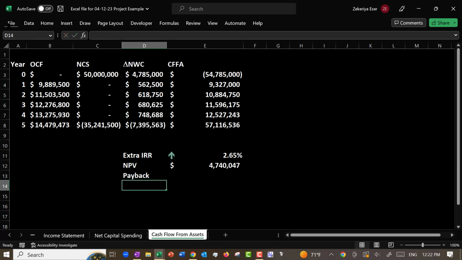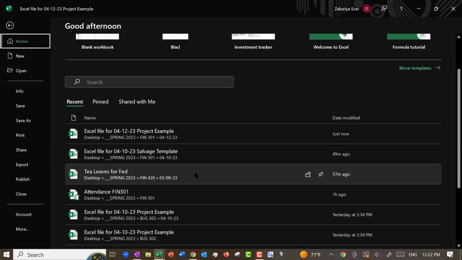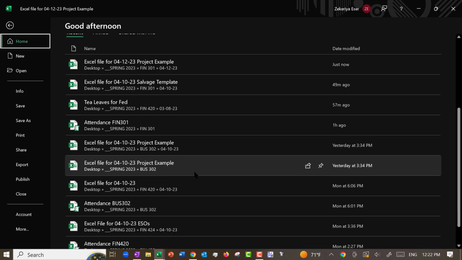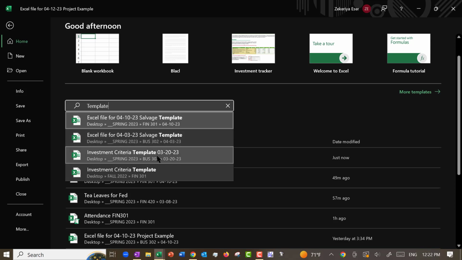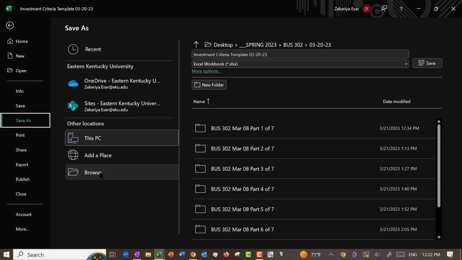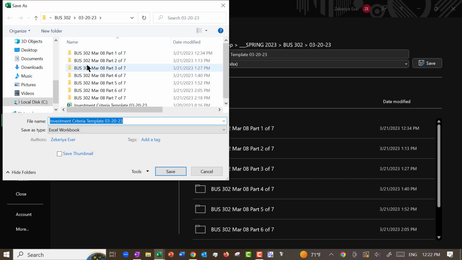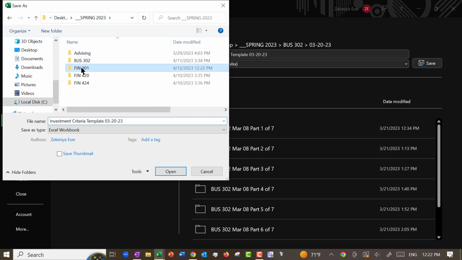I actually have a template. I use this one for my basic finance class, but there's no reason why you can also use it here.